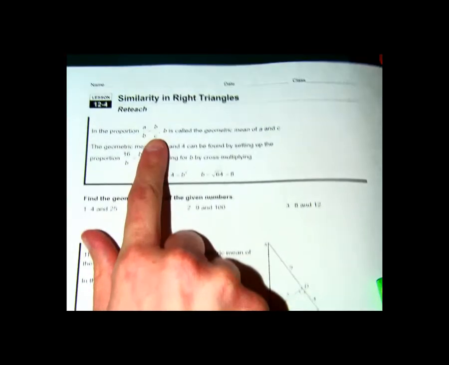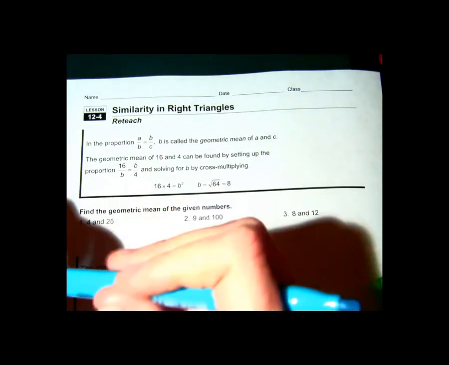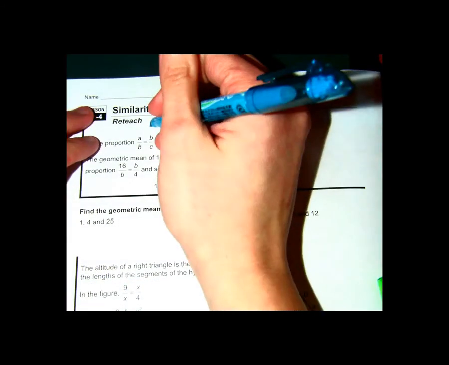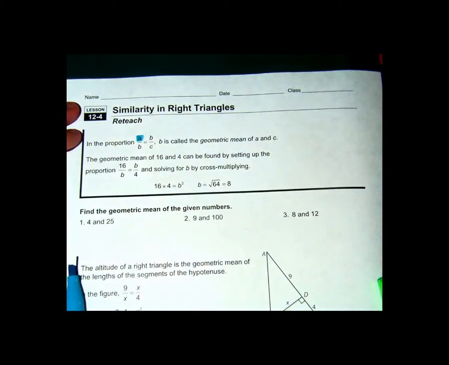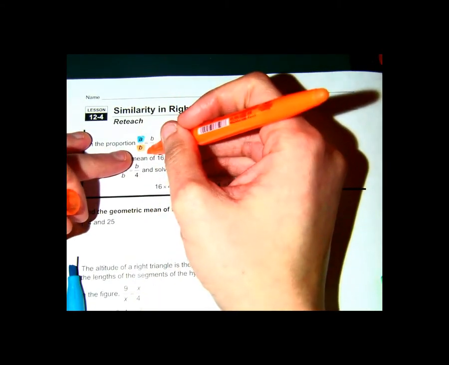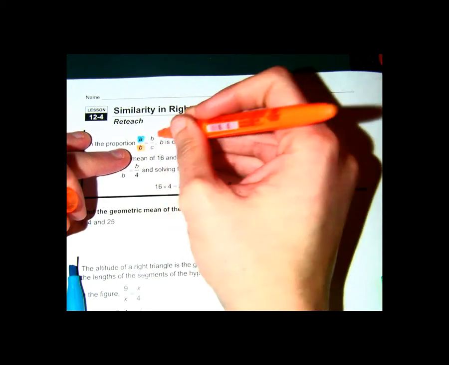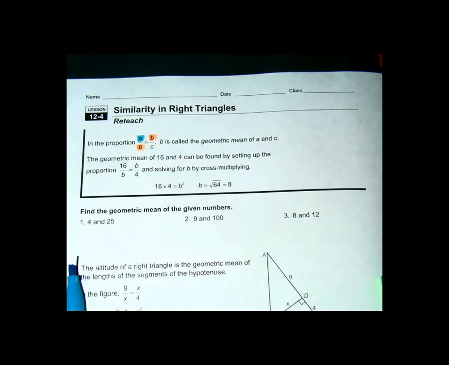So we're going to find the geometric mean. And the formula is given up here, and that's what we're going to use our highlighters for. So the formula for geometric mean is we take one of the values over what we are looking for, the geometric mean, and that should be proportional to the geometric mean over the other value that we are given.